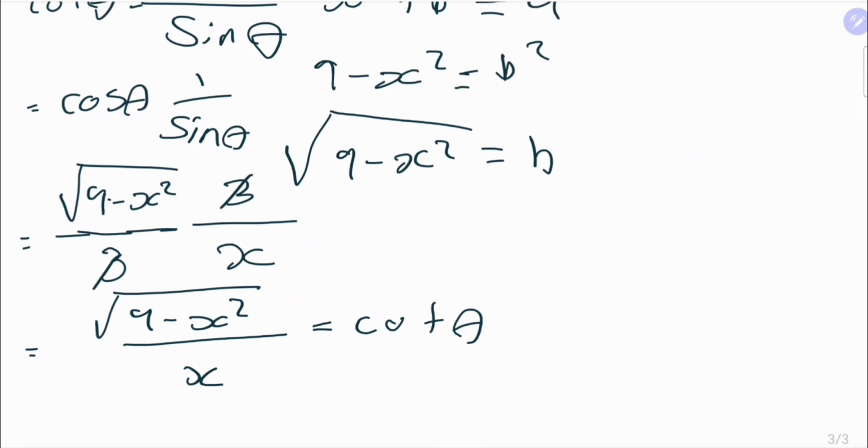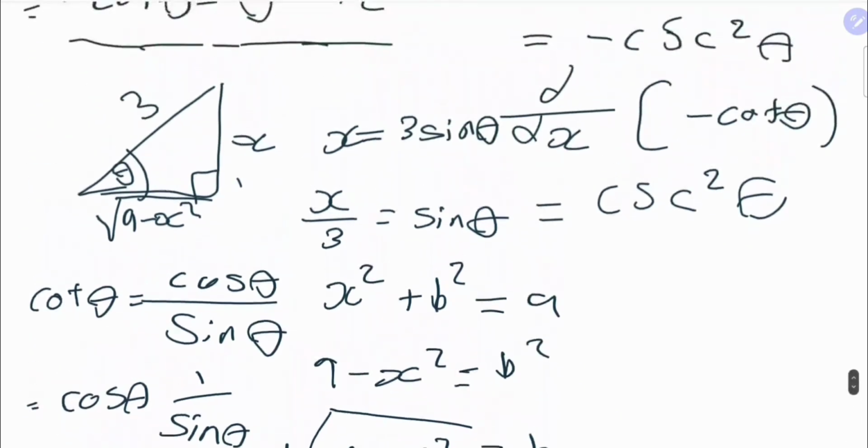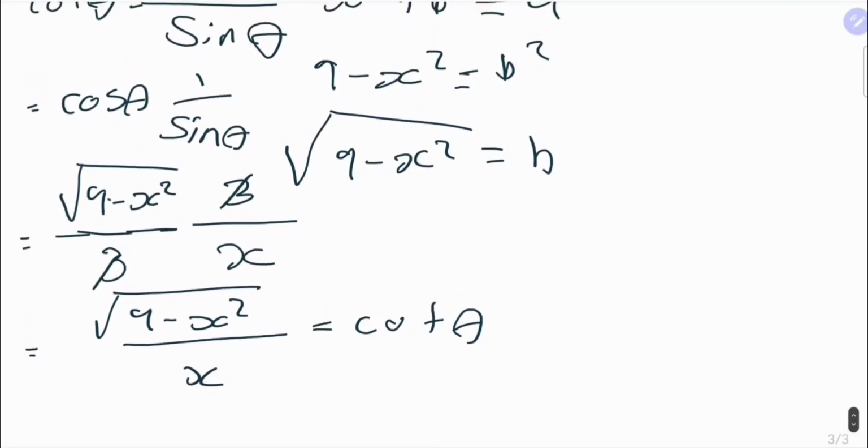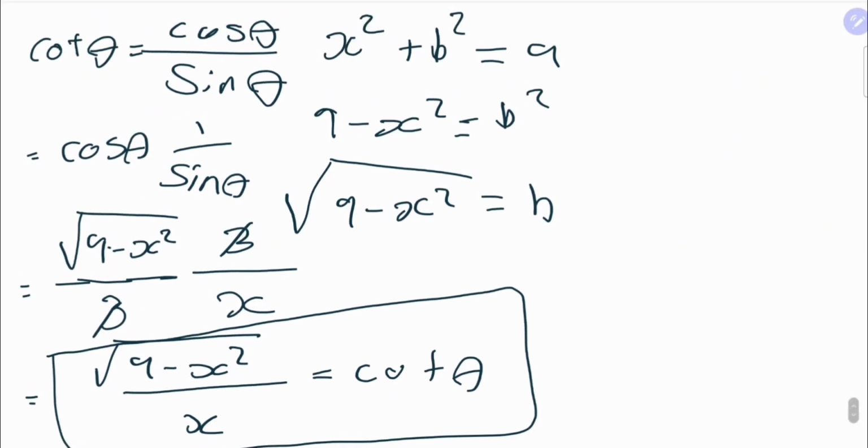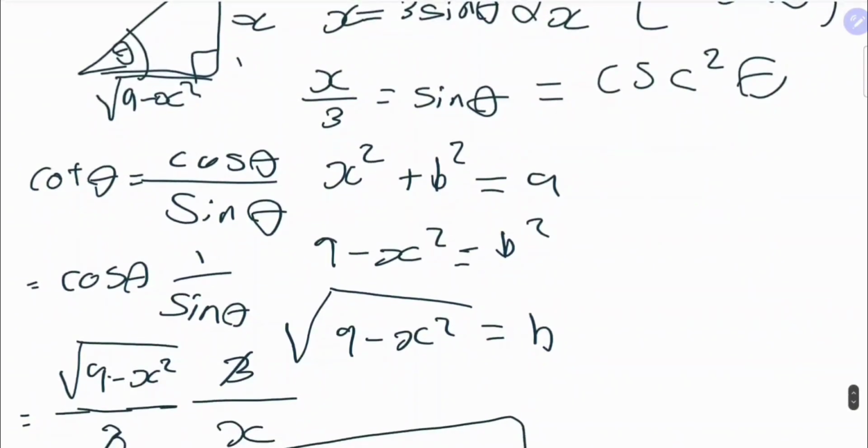Now we are going to need to find theta. This part can sometimes be a bit harder, but it's pretty simple. So we'll just highlight this so that we remember it for later. Remember earlier how x over 3 equals sine theta? Well, to isolate theta, we just have to take the arc sine of both sides.